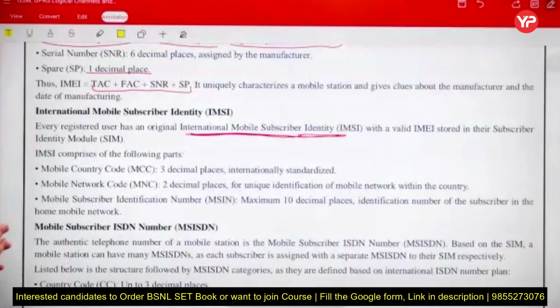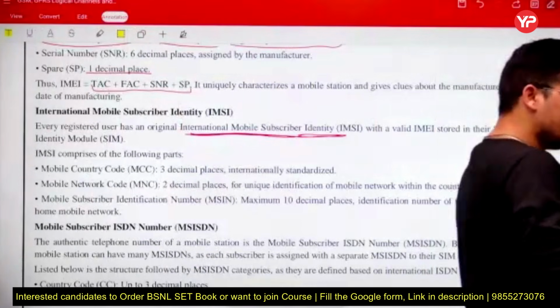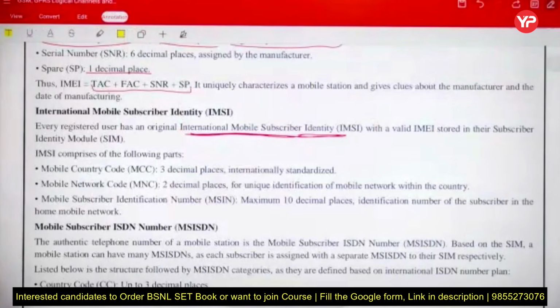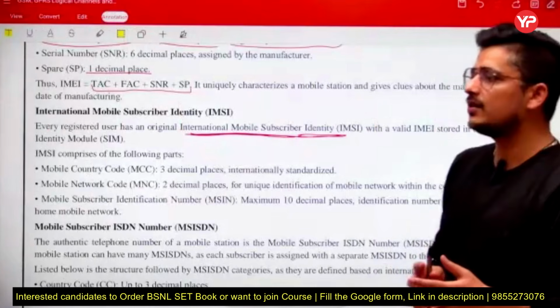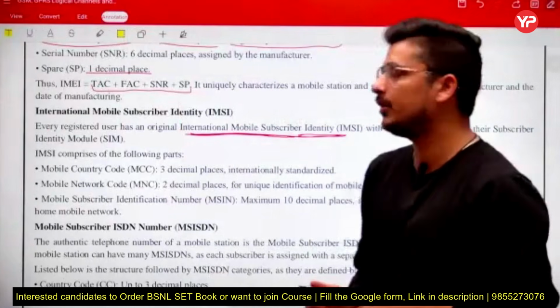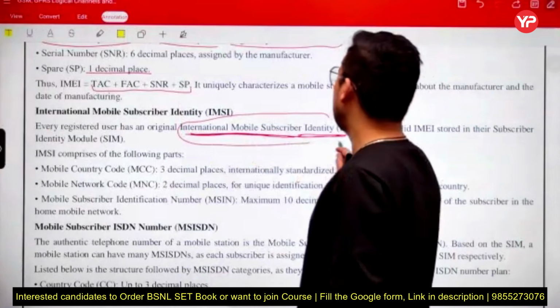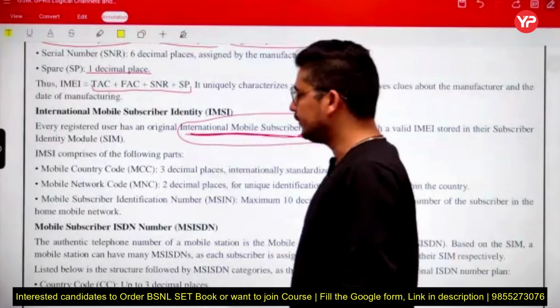So basically, your IMSI information will be stored inside your SIM. That's why whenever you buy a SIM, that SIM has a unique number, generally known as the International Mobile Subscriber Identity.